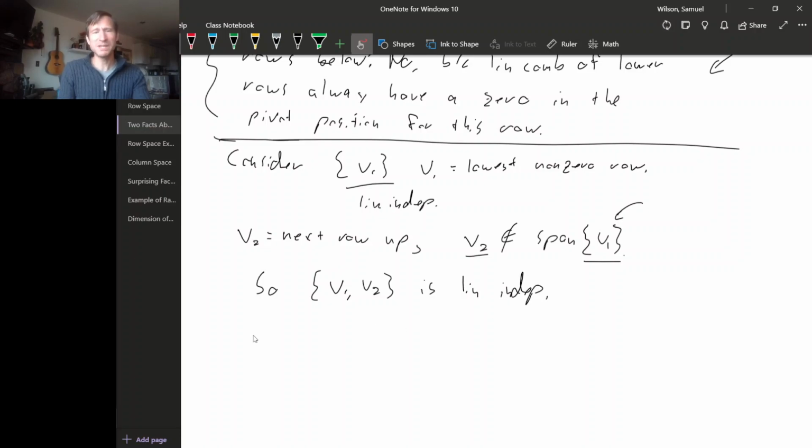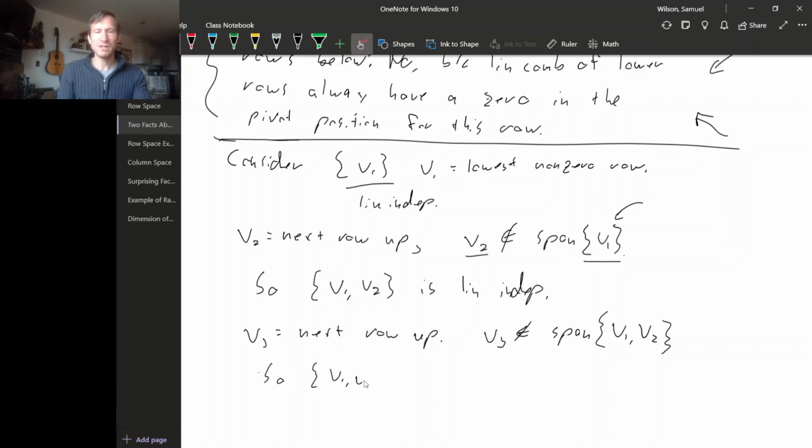Well, now we can just repeat the process. V3 is the next non-zero row up. We know that V3 can't be in the span of V1 and V2, again, because we proved that up here. Higher rows can't be linear combinations of lower rows. So V1, V2, V3 is linearly independent.